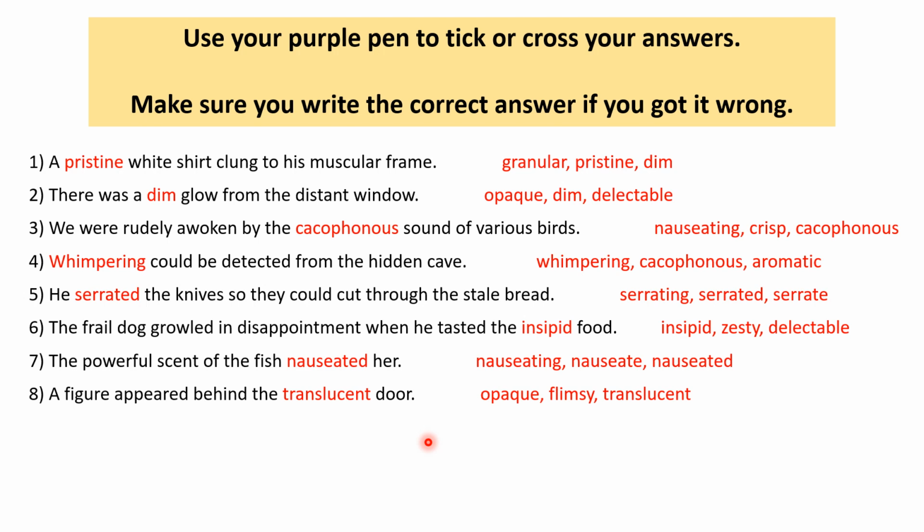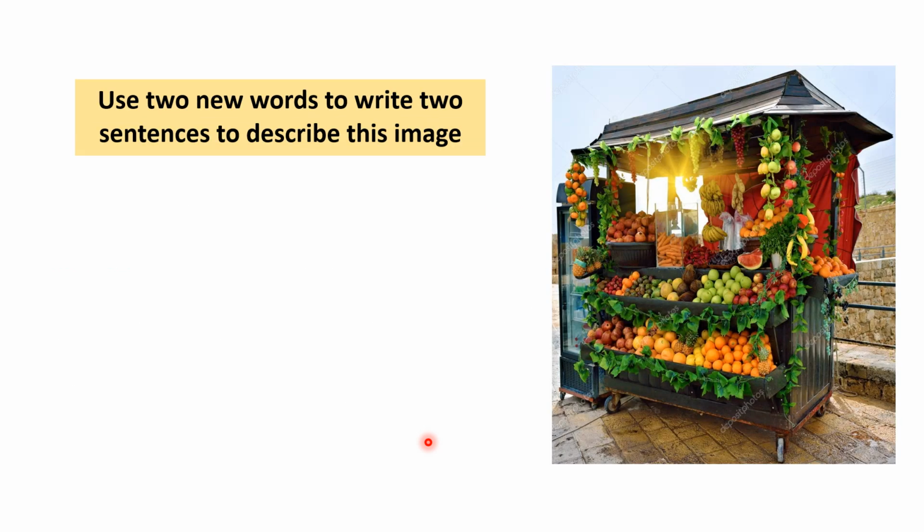Okay, and your final task for today's lesson is you're going to use 2 new words, so words that we didn't use in the activity before, to write 2 sentences to describe this image. Now, this is great practice because in the language paper 1 question 5, one of the options for the piece that you can write will be inspired by an image.